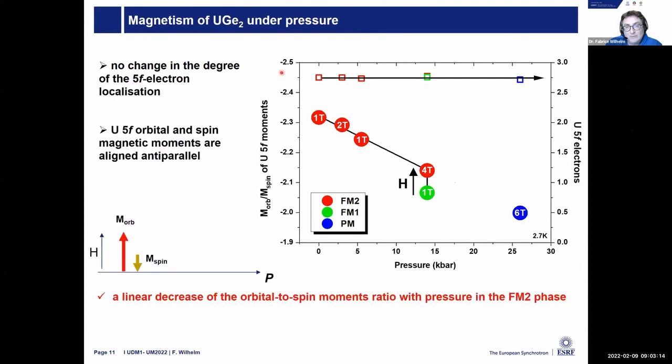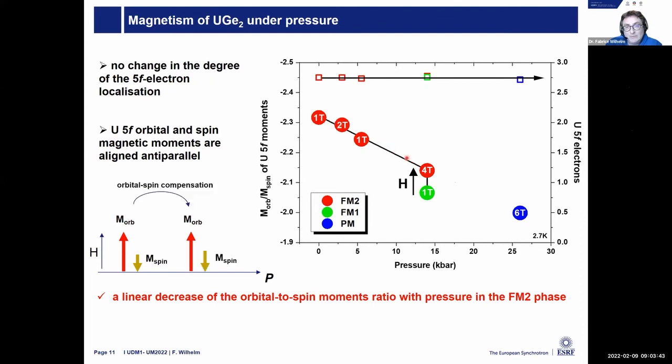Now, if we go to determine the uranium 5f orbital and spin magnetic moment and the ratio, we first found that this ratio, orbital to spin moment, is negative, meaning that the uranium 5f orbital and spin magnetic moments are aligned antiparallel. If we stay in the ferromagnetic 2 phase, by slowly increasing the pressure from 0 up to 14 kilobar, we observe that this ratio is decreasing with pressure.